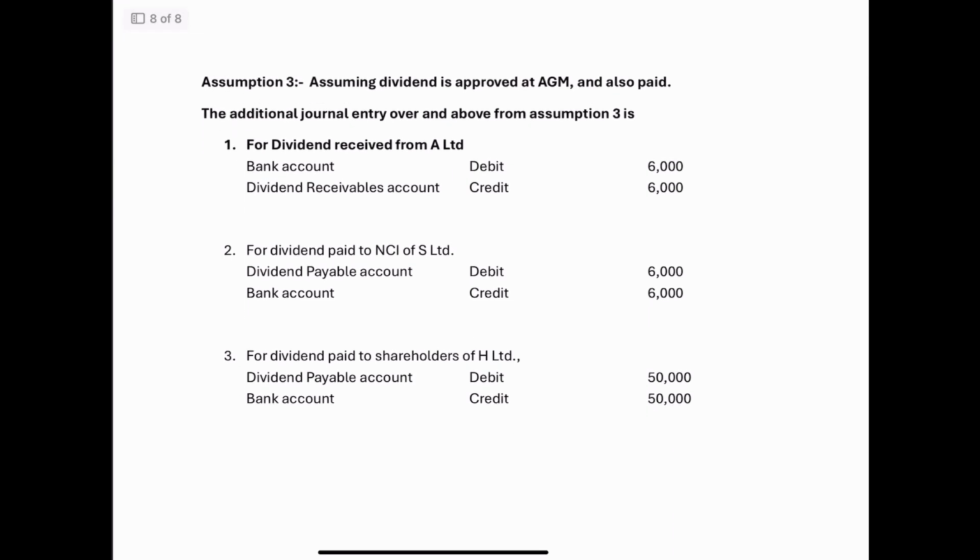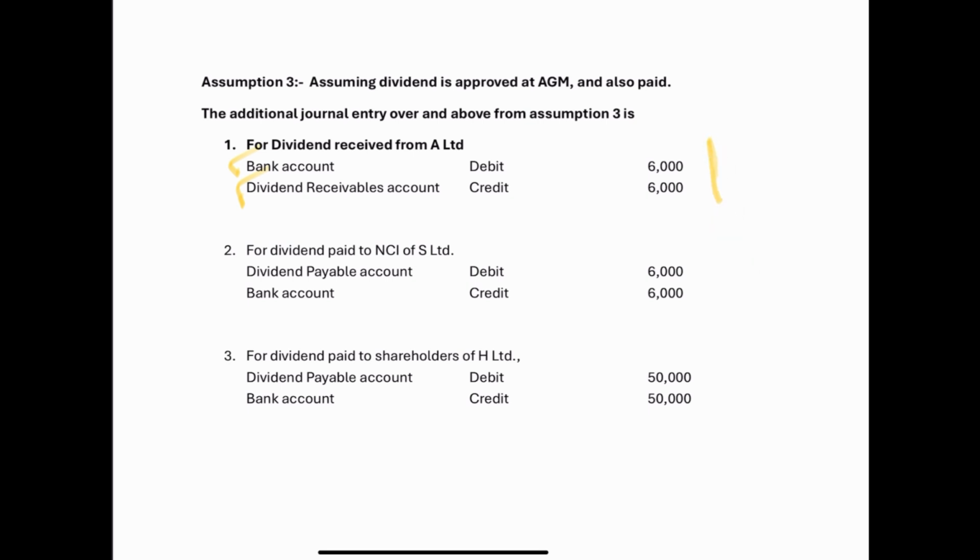Okay, so then we'll go through the third model where the dividend has been approved, declared and also paid. So in that case, these 3 additional entries would come over and above the second assumption. So one, dividend received from A Limited, you'll have to debit the bank account and credit the dividend receivable account by 6,000 rupees.